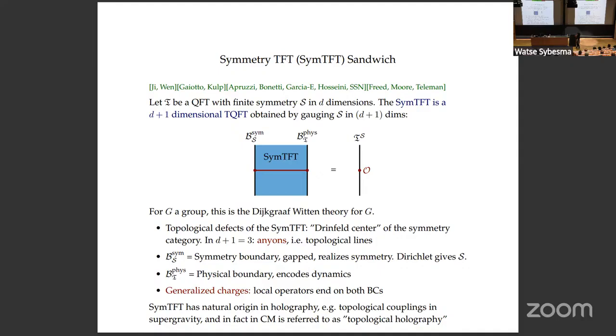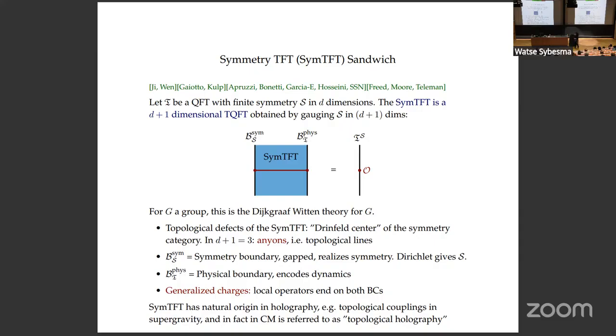So the symmetry TFT is also often called the symmetry sandwich because of the structure of two slices of bread and some filling. And then in this paper by Ji and Wen, they also call it topological holography. It's closely related to holography, but for a high energy physicist, I think it's the wrong terminology. Because what is it?